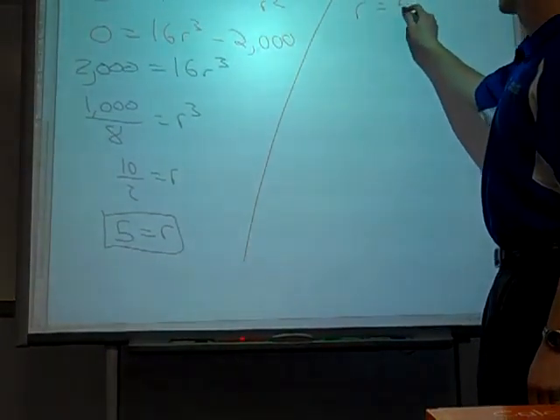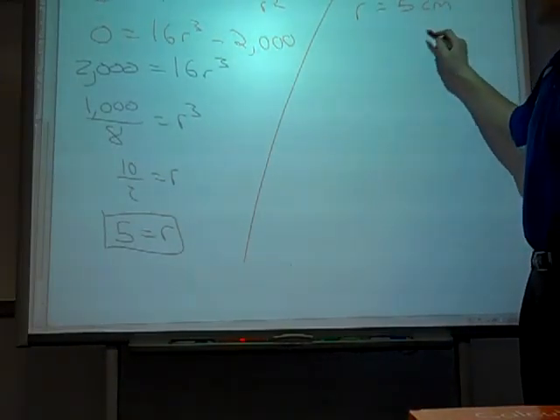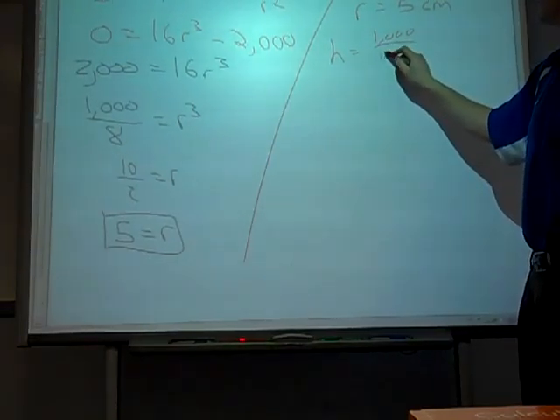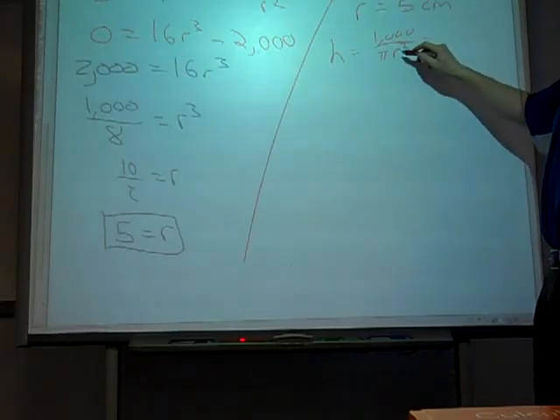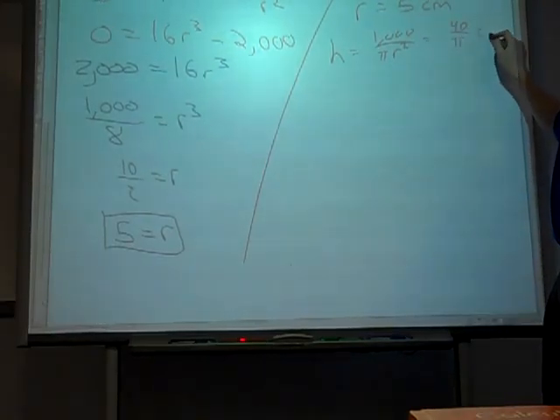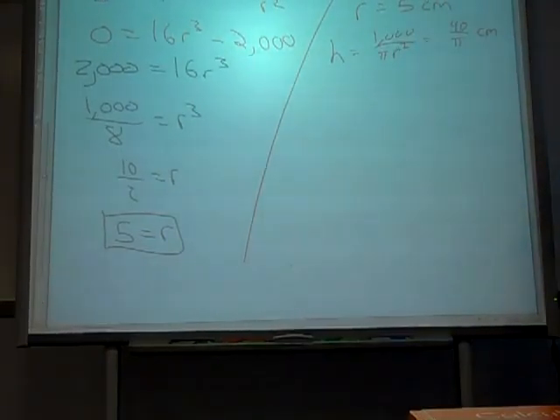So r equals 5, what is it, centimeters, inches? Centimeters. And so height equals 1000 over pi r squared, so that's 40 over pi, I guess? Centimeters. So those are the dimensions.